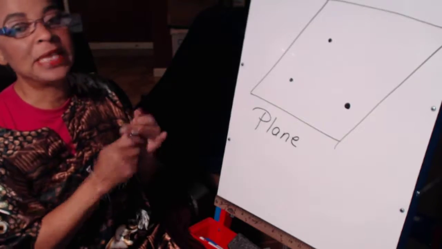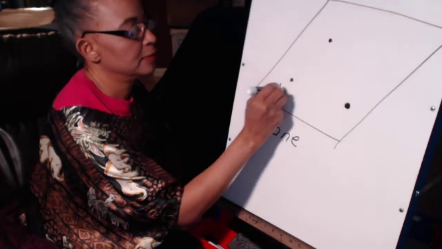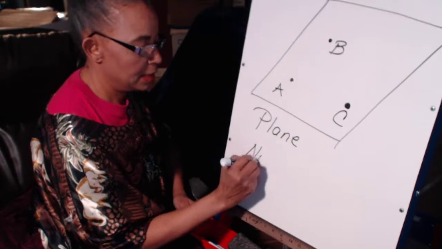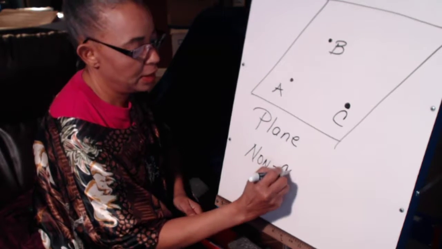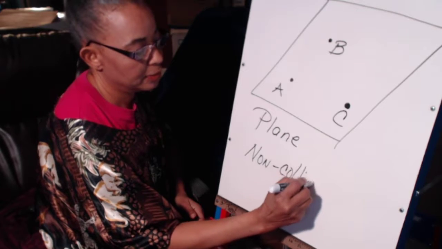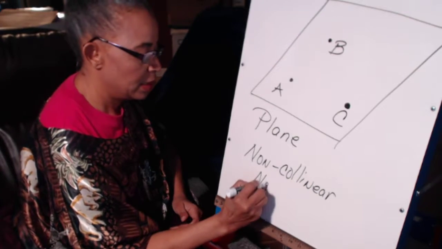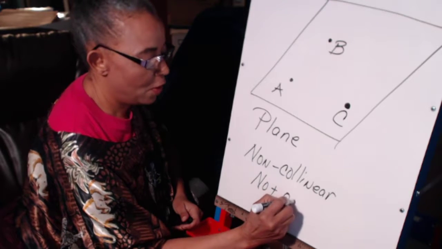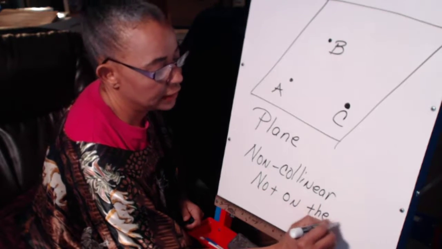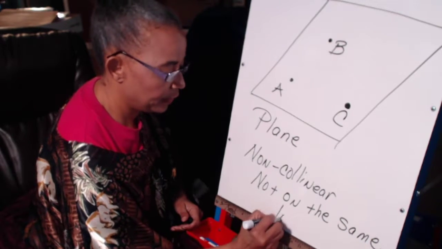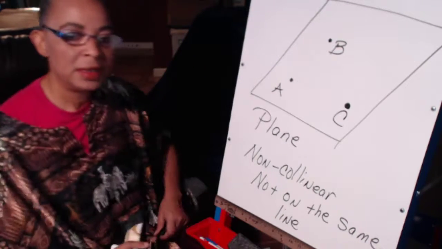But we must have 3 points that are non-collinear, not on the same line. Does that help?